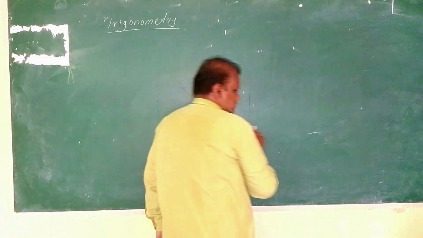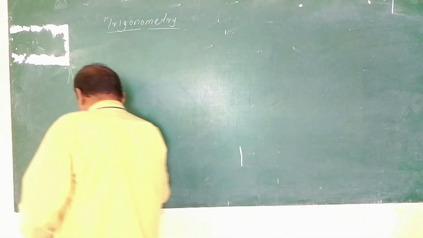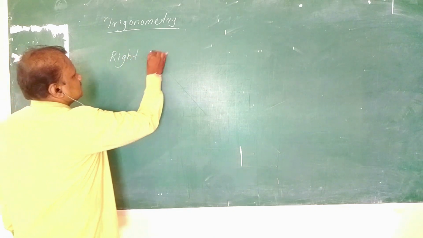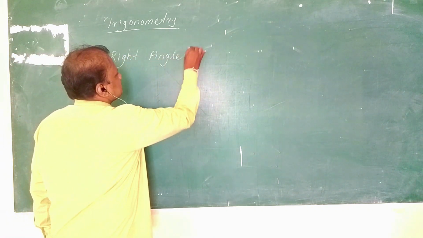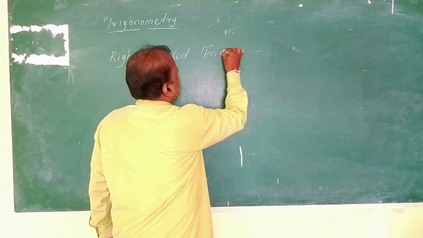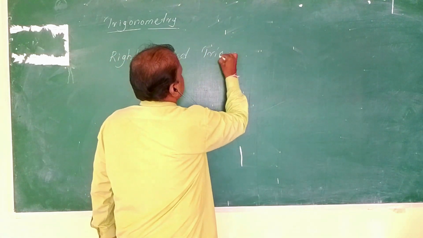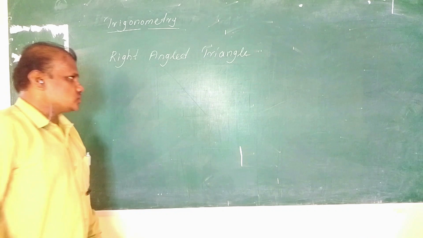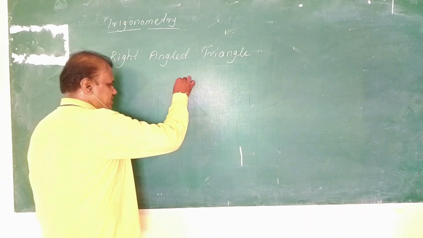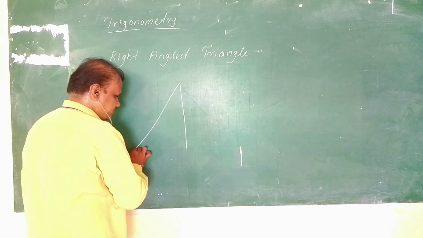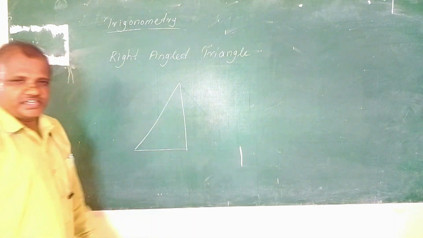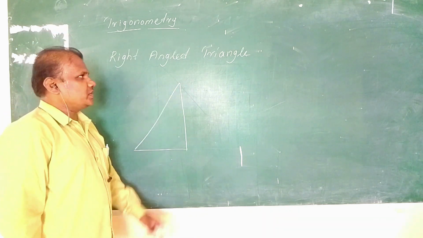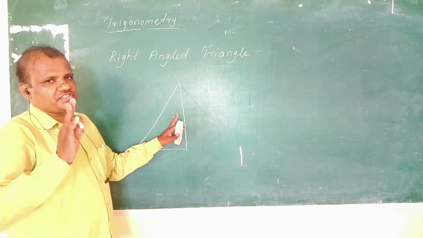In this chapter, most of the time we are going to make use of a right angled triangle. So what is meant by a right angled triangle? Already I told you, a triangle is a polygon, a geometrical structure with more than 2 sides, but in the case of a triangle, tri means 3, therefore it is a polygon with 3 sides only.